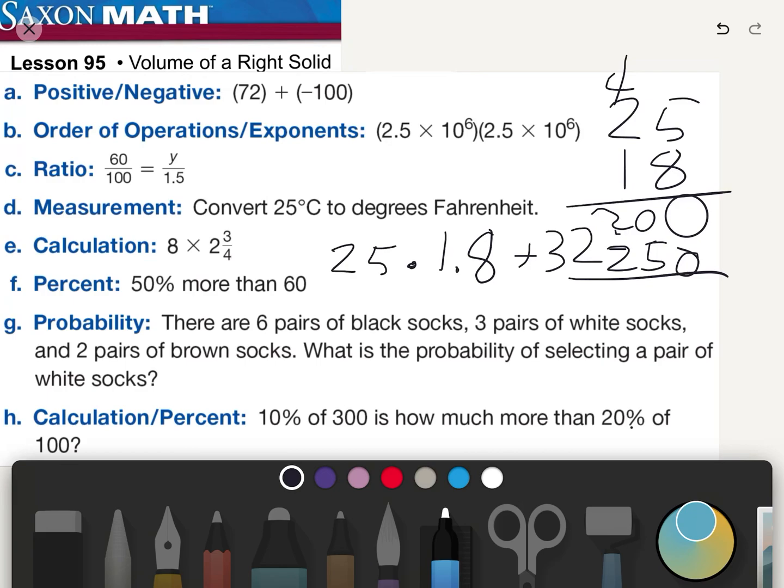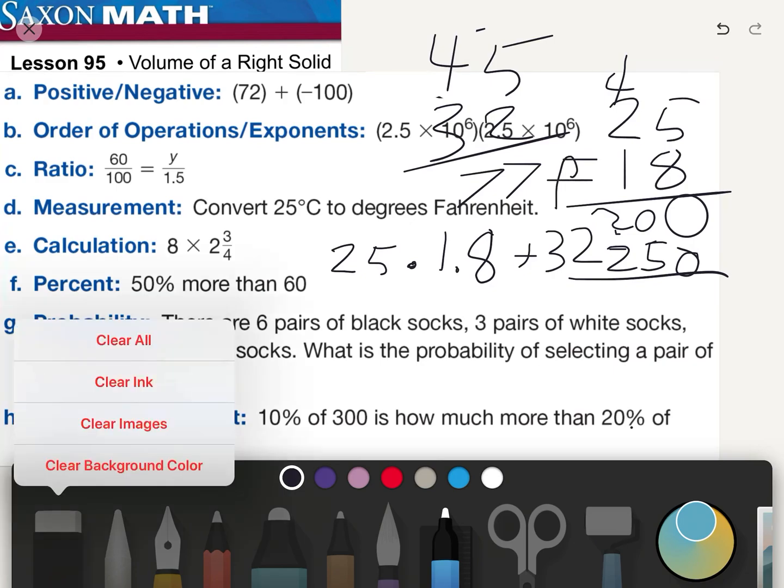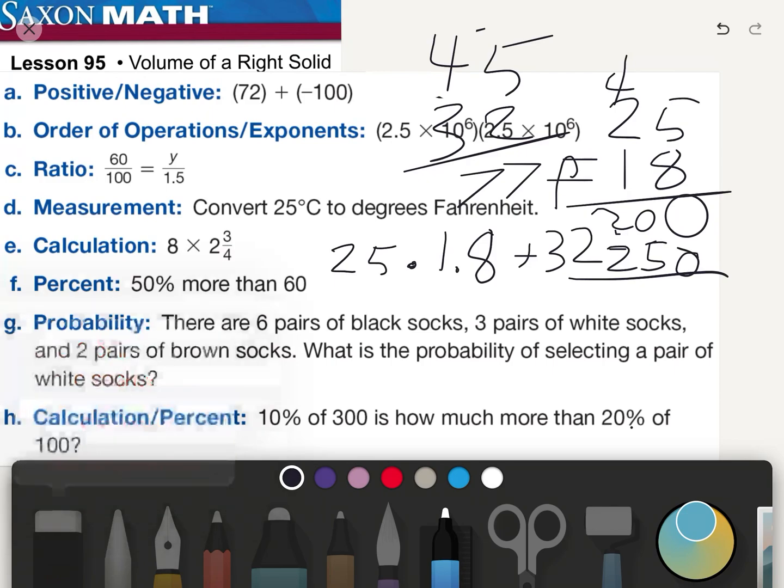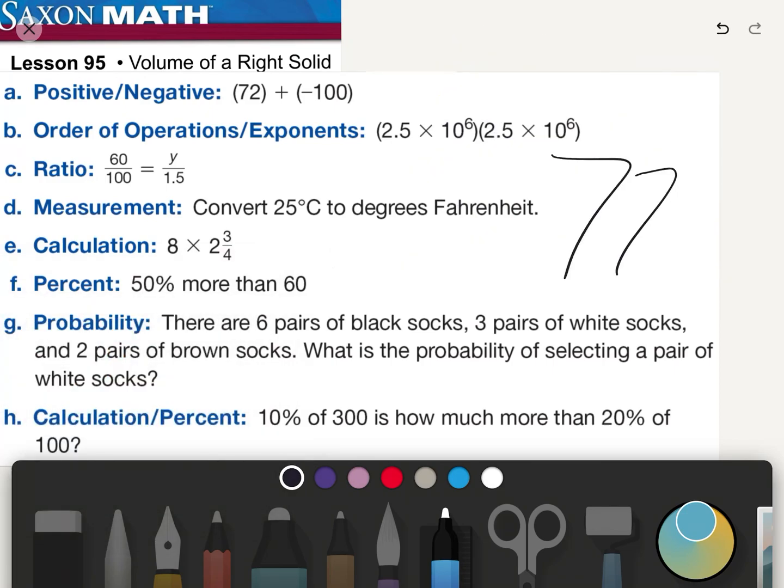That will get us 55. Oh, excuse me, 45 plus 32. Forgive all my chicken scratchings here. Will get us 77 degrees Fahrenheit. Oh, let me get that all off the screen. 77 degrees Fahrenheit.